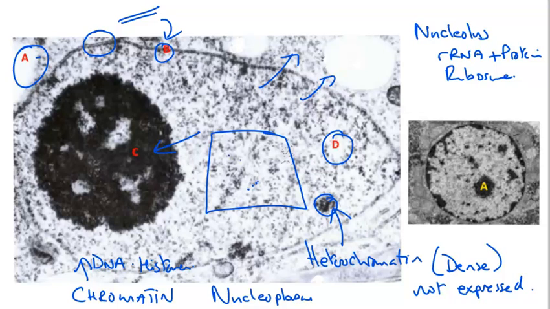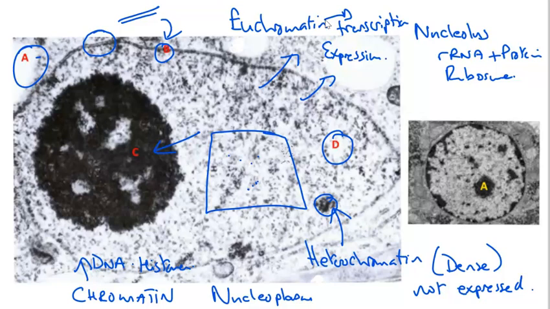Whereas these lighter gray regions, we would call euchromatin, and this is associated with less densely coiled DNA, in which the genes are involved in transcription, or a more general term would then be the expression of the gene.